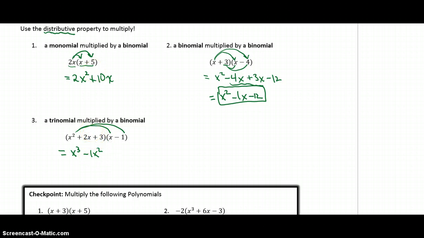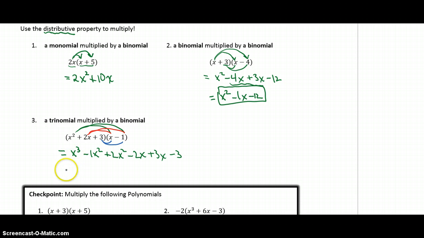And then we're going to multiply everything by 2x. So 2x times another x would be 2x squared. And 2x times negative 1 is negative 2x. And last, let's multiply the 3 times both terms in those second parentheses. So 3 times x is 3x, and 3 times negative 1 is negative 3.